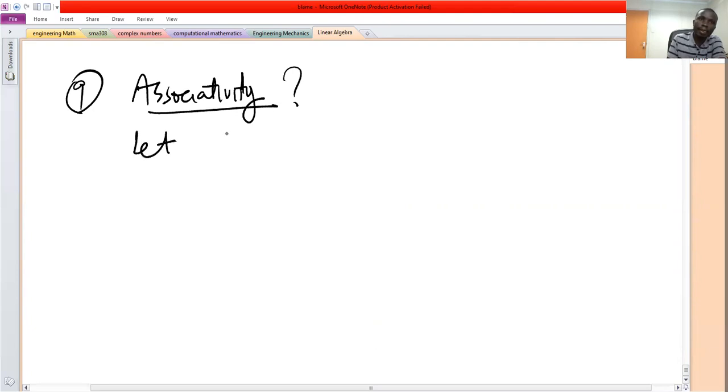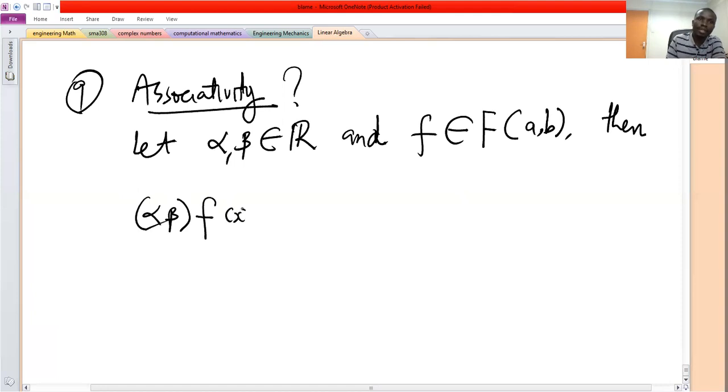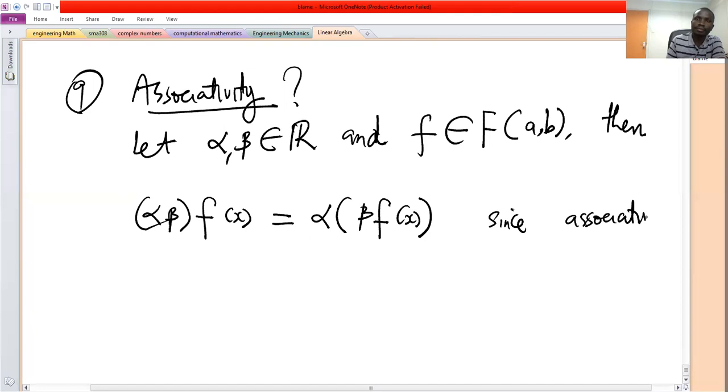So we'll say let alpha and beta be any real numbers and f be a function in this set capital F. Then when you say alpha beta multiplied by f of x, it is the same thing as saying alpha times beta f of x, since associativity holds in R.